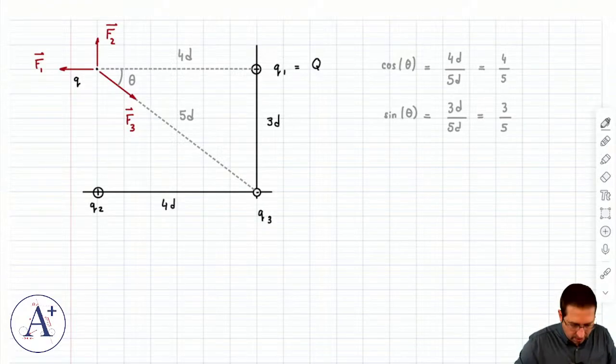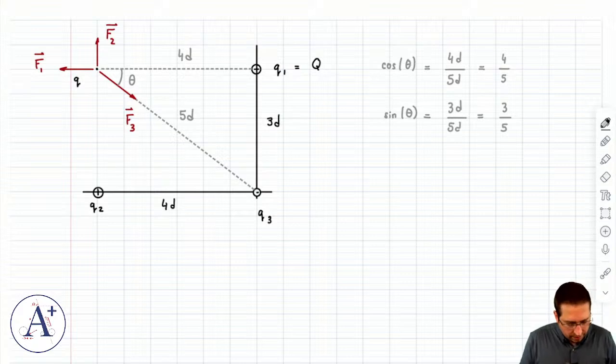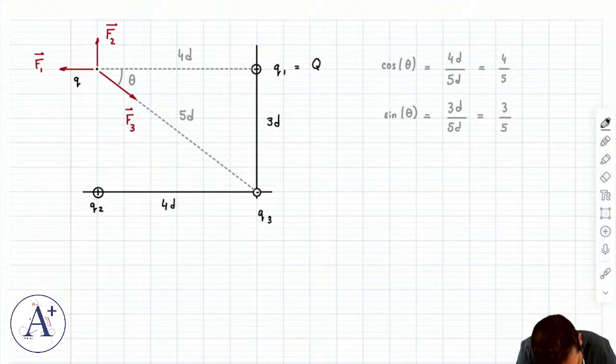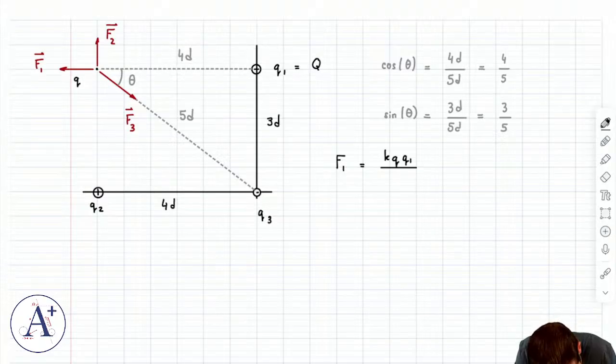Then, how do we deal with components? Well, let's write the magnitude, just the magnitude, of F1, F2, F3. Hopefully we all agree that F1 will have a magnitude k q q1 divided by the distance between q and q1, which is 4D. 4D squared will give me 16D squared.